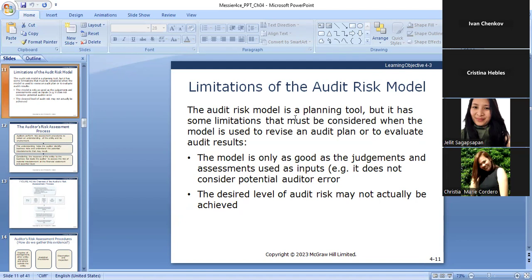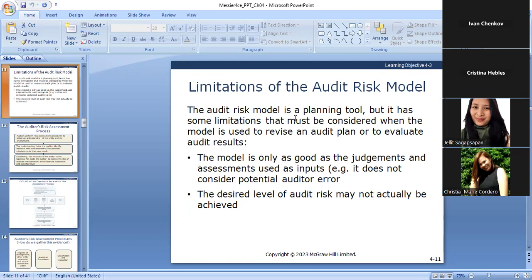Then you start doing the procedures. Let's say you're assessing based on the company information because you're doing some internal control testing, at the previous stage, right? When you familiarize yourself with the business, we're assessing the internal control and all those things that we learned in chapter 3. So once you do that, you're getting the detection risk.